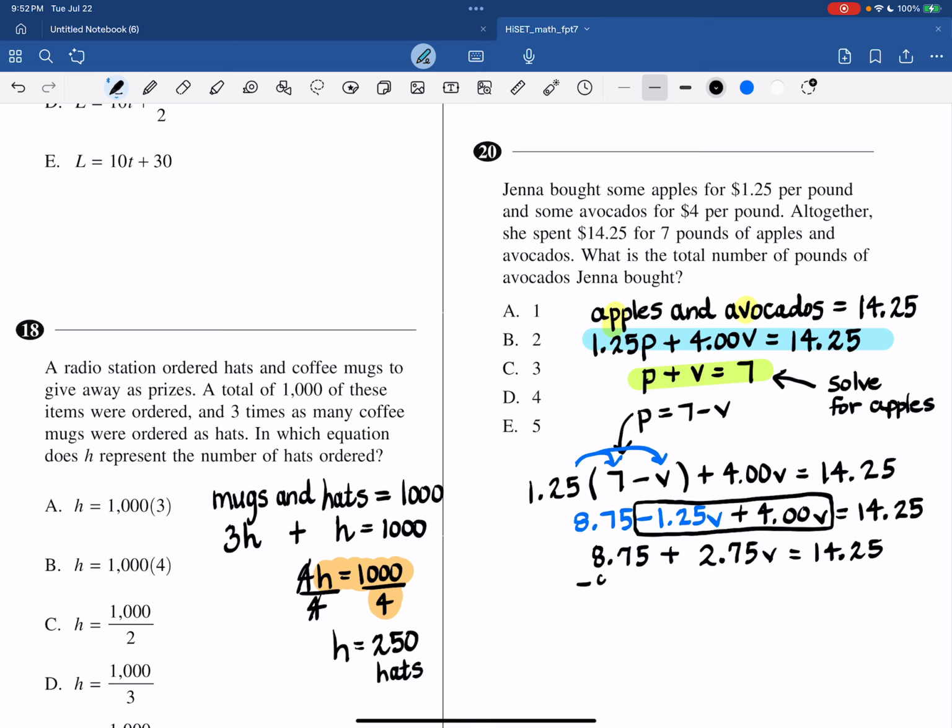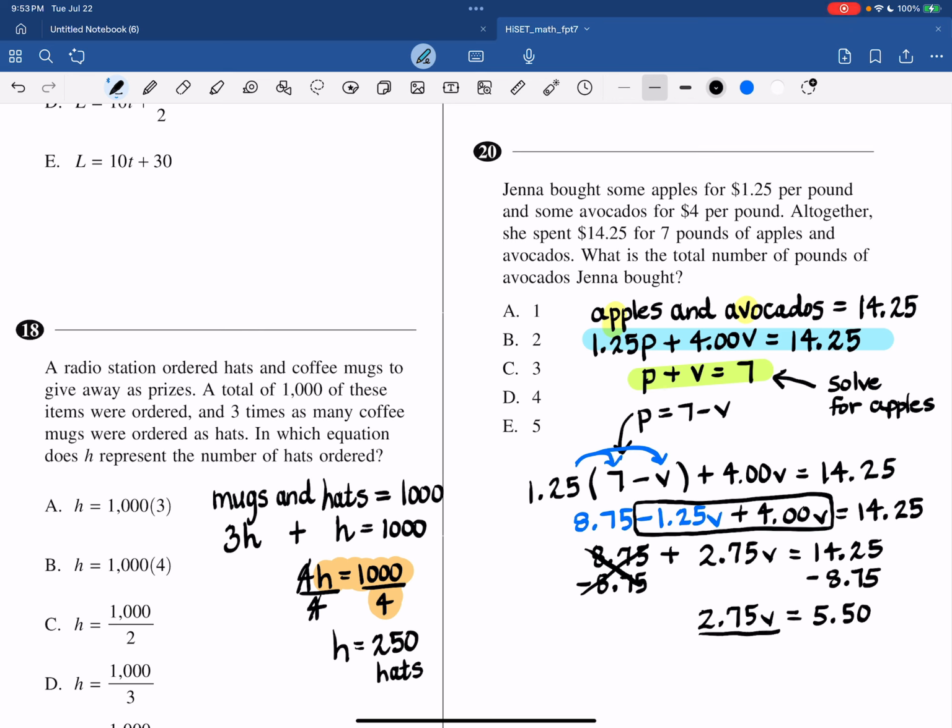I'm going to subtract the constant off of both sides and cancel where I can. So I'm left with 2.75V equals whatever that is. 14.25 minus 8.75 is 5.5. I don't trust myself when I'm this tired. Yes, 5.5.